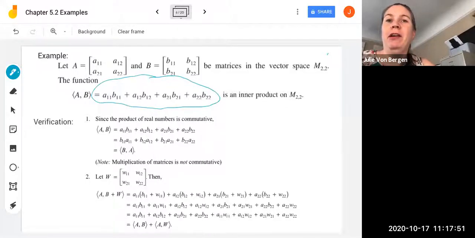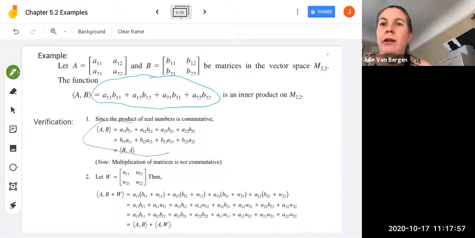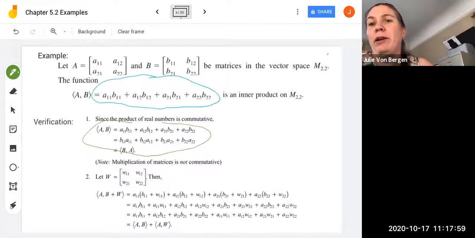Let's verify the properties. Property 1, symmetry, we can show here. A inner product B can be rearranged so that we have all the B components first in the multiplication because these are real values.